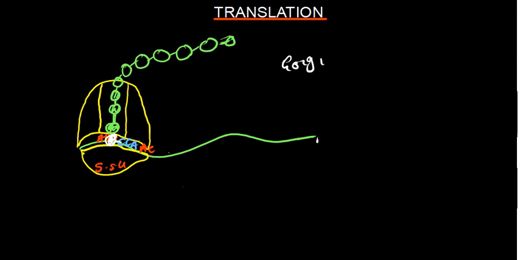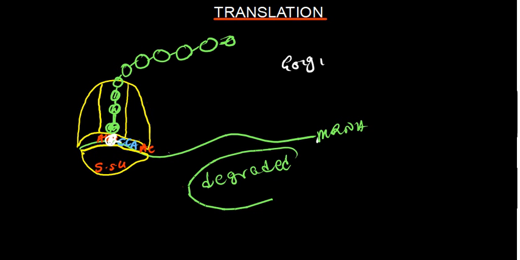Then the mRNA is going to be degraded or broken down, and the subunits kept by the cell so that they can be reused in the next translation process. So the large subunit finds itself away from the small subunit, and the mRNA will also find itself on its own.